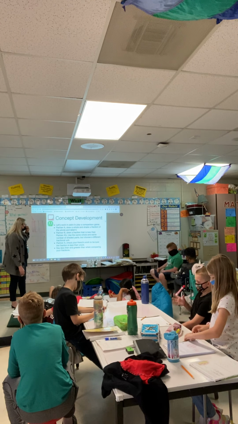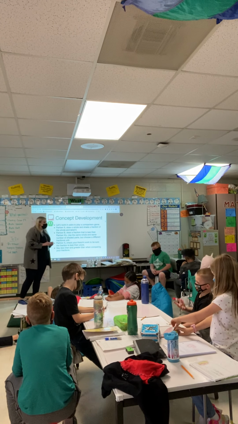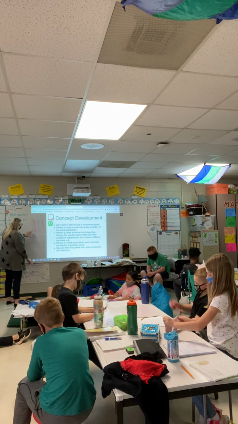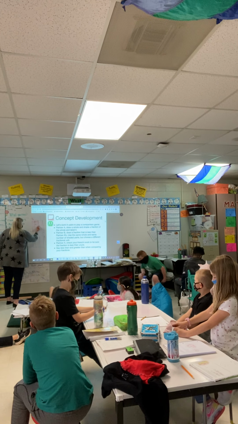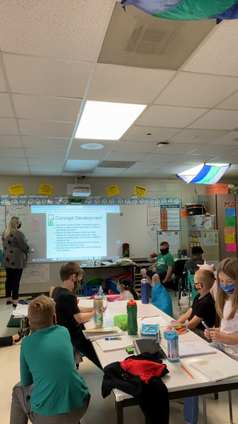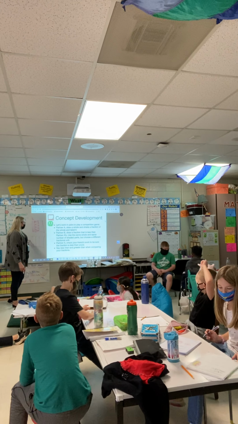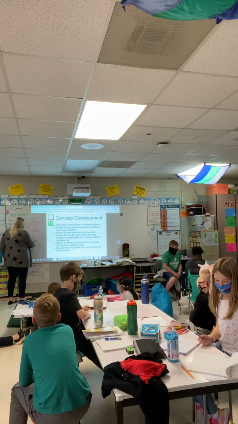The partner will draw the same whole with the same number of shaded parts, but choose a different fractional unit. So we have the same whole, the same number of parts, and they're going to choose a different fractional unit.